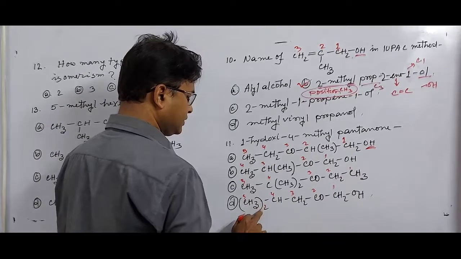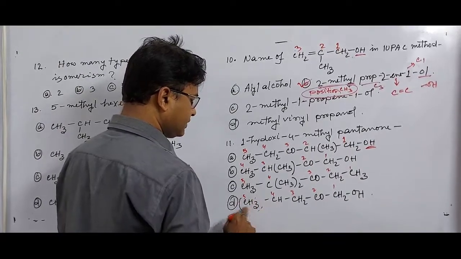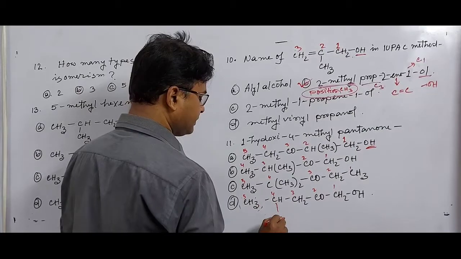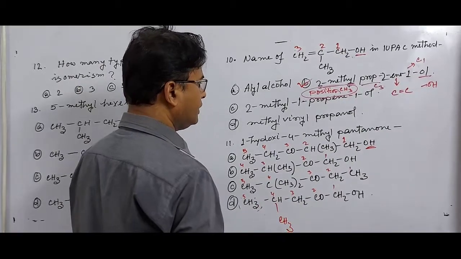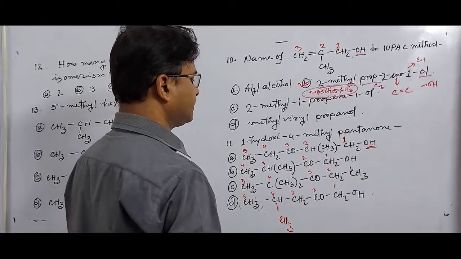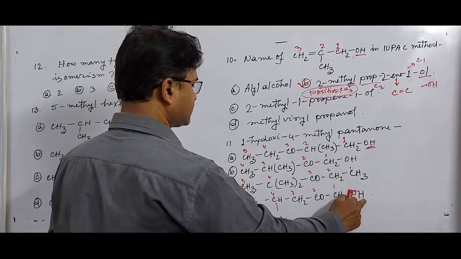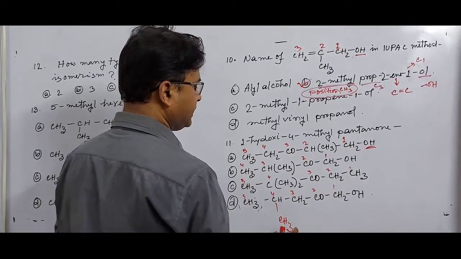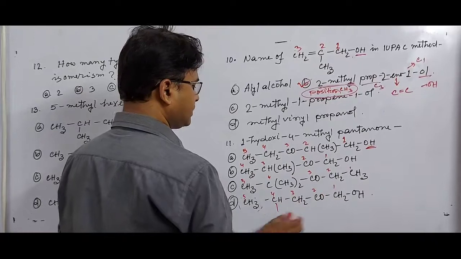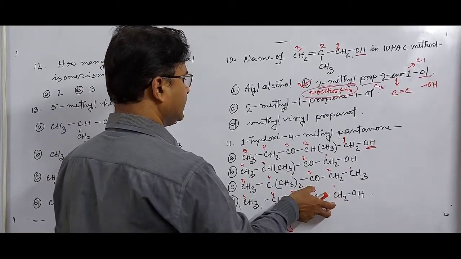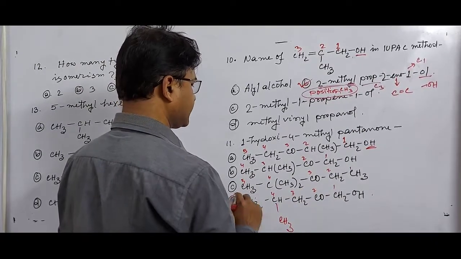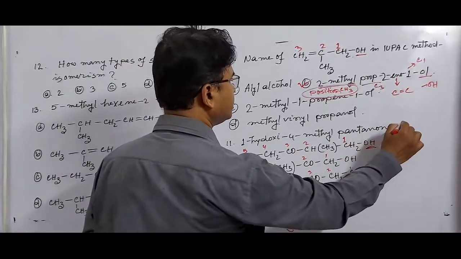Here CH3 means one will be the main chain and another will be the branch, so the name of this compound will be 1-hydroxy-4-methyl pentanone-2. So it will be the correct answer.